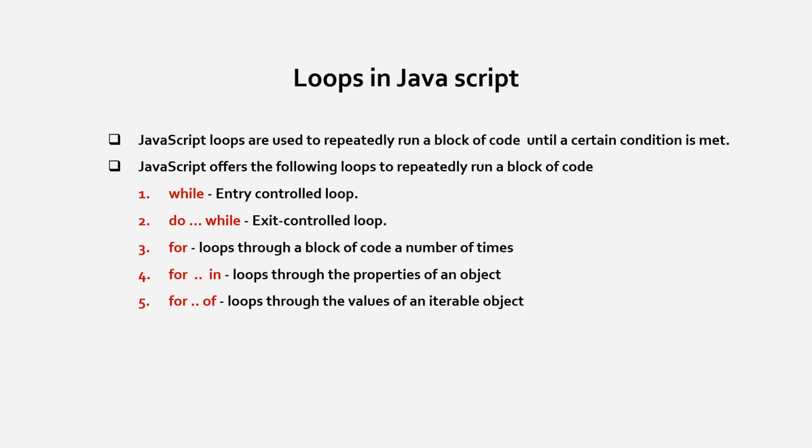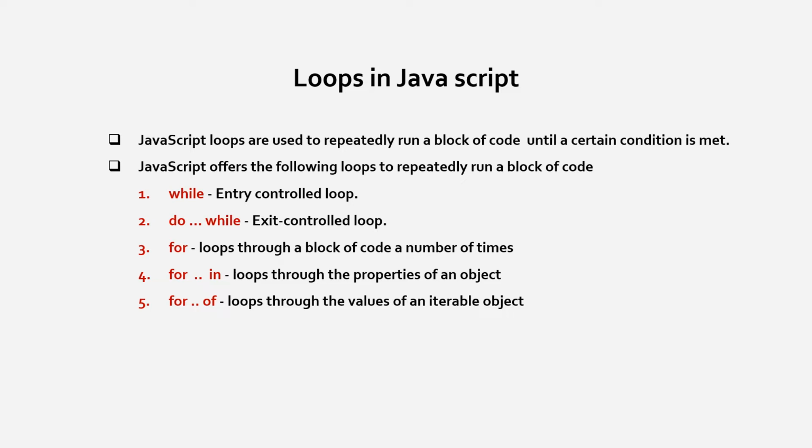While loop is an entry control loop. Do-while is an exit control loop. Entry control means it will not allow execution even once without checking the condition.